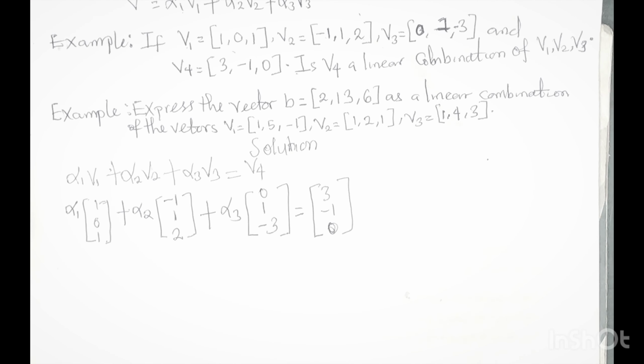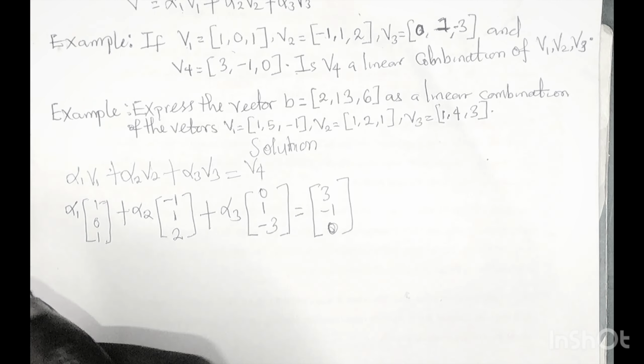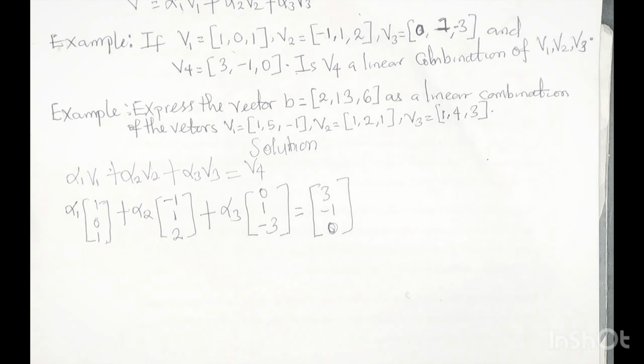Then after that, you go into the next step, which is multiplying it. So this multiplied by alpha 1 will give you alpha 1, minus this times this will give you alpha 2, then this times this is 0. So that is equal to 3. Can you see that now? Then we have alpha 1 times 0, which will give us 0.